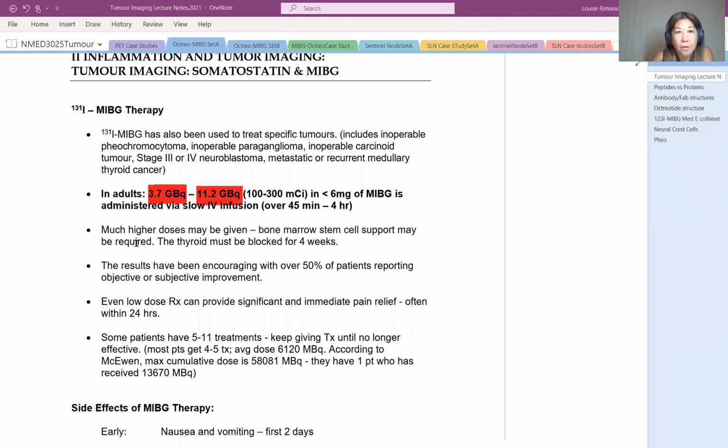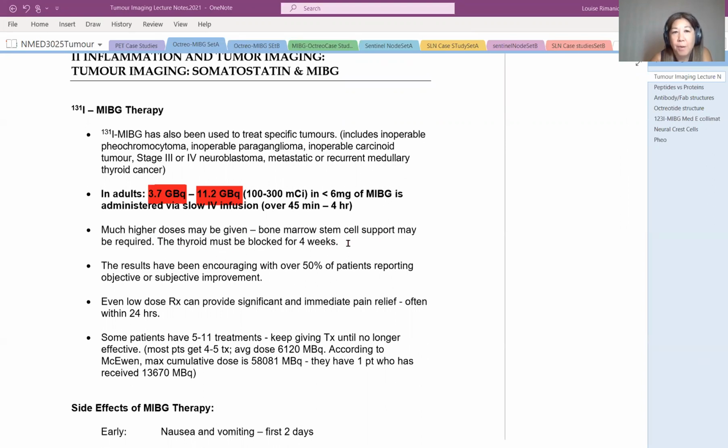So as I said, there's not really a standard dose. They can actually give much higher doses, and they often do. Remember, most of these patients are end stage disease anyhow. And as long as their bone marrow stem cell support is available, and their cell counts are adequate, they can continue to give higher doses.